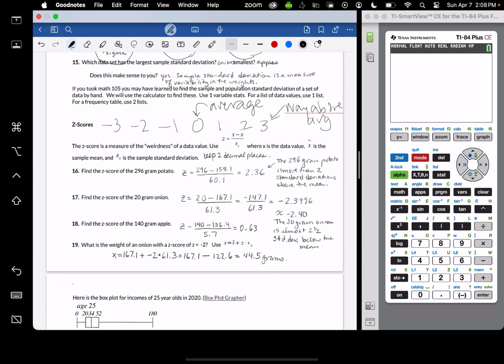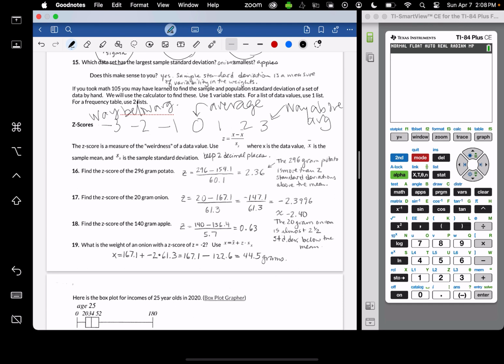And then this -3 would be you are way below average. Now that might sound bad, but I guess with some things it might be cool to be below average, some things it might be cool to be above average, or maybe we want to just be average. I don't know. But anyway, here's the formula for the z-score.